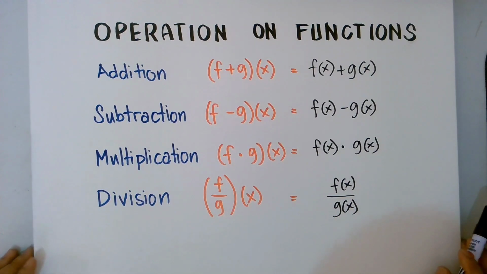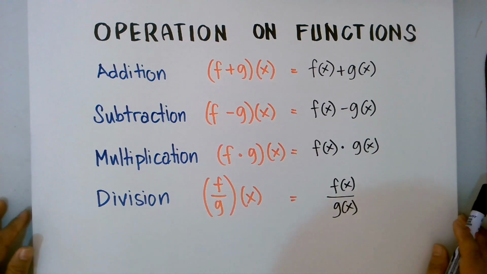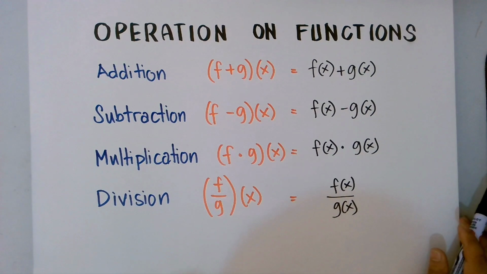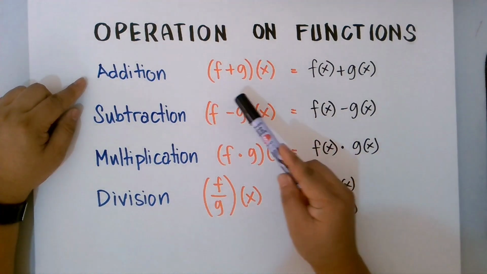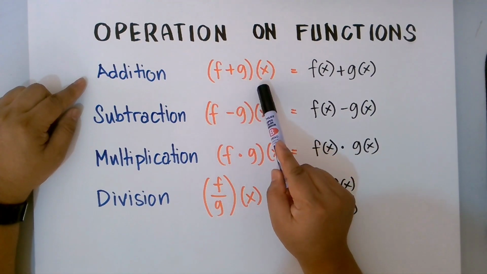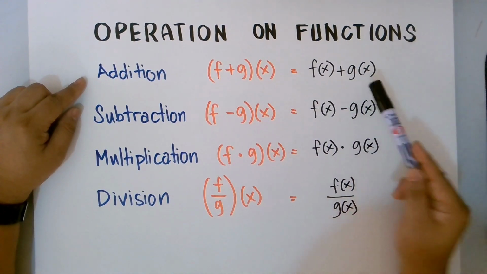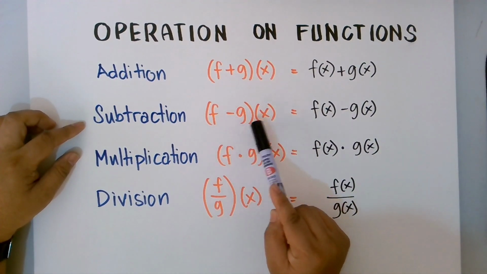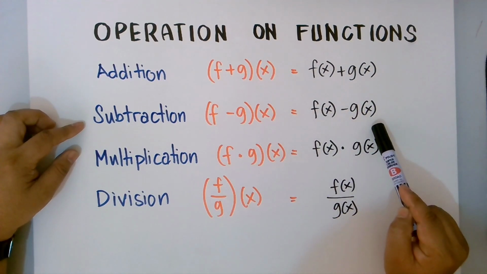Okay mga kasipnayan, welcome sa ating video lesson number 4, and for today's video, our lesson is about operation on functions. So we have here addition, and that is adding of two functions, f plus g of x is equal to f of x plus g of x. For subtraction, we have f minus g of x is equal to f of x minus g of x.